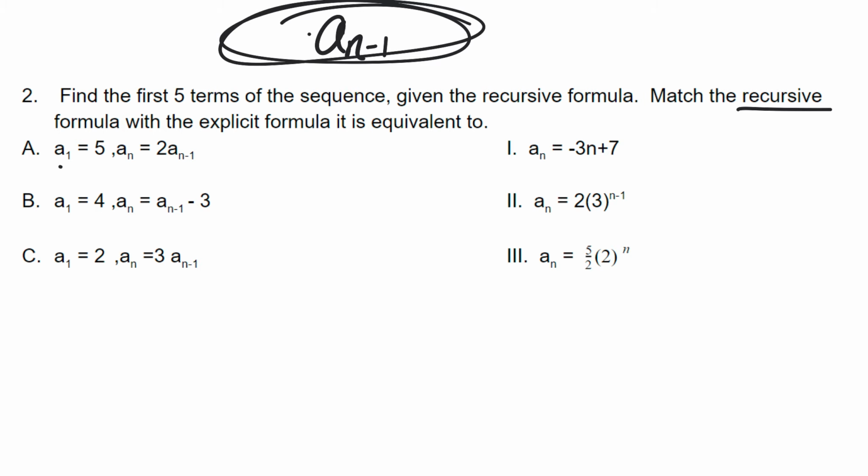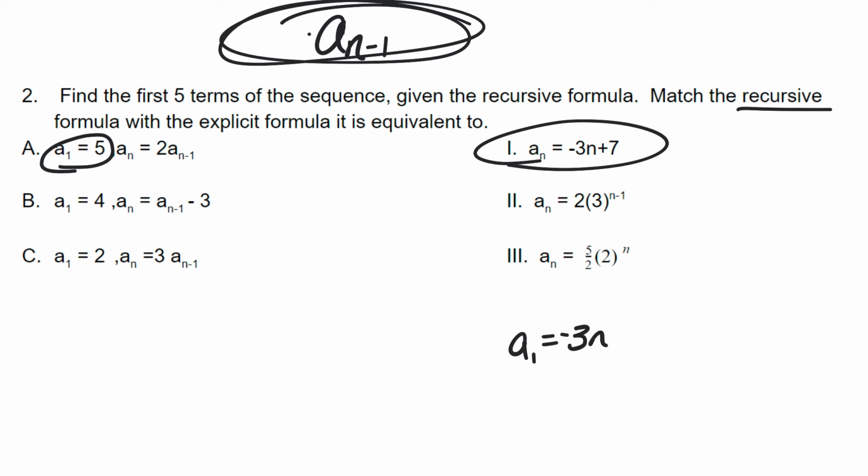Here's what I mean. If a sub 1 is 5, when I plug in 1 to any of these equations, the result should be 5. So just take the first one, for instance. I know the first one is wrong, but if I plug a sub 1 into this equation, negative 3n plus 7, well, this tells me a sub 1 is supposed to be 5.